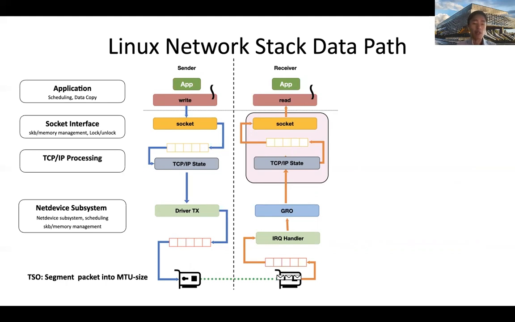When ARFS is enabled, the packet will be forwarded to the receive queue corresponding to the application core. Otherwise, the packet may be forwarded to a core chosen based on the 5-tuple. The receiver NIC DMAs the packet into the NIC ring buffer and triggers an IRQ to notify the driver.